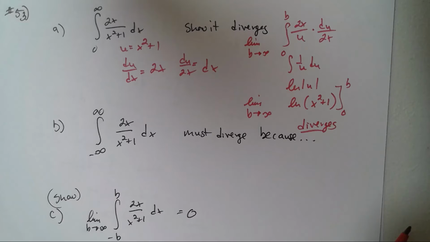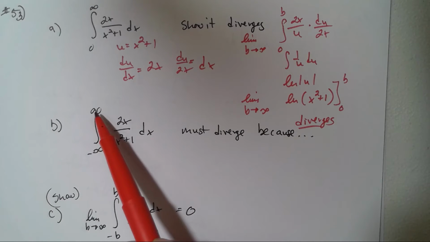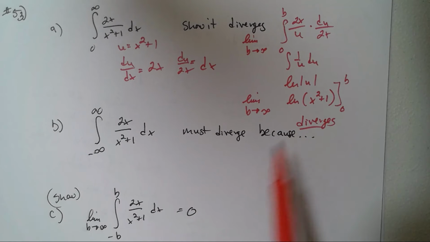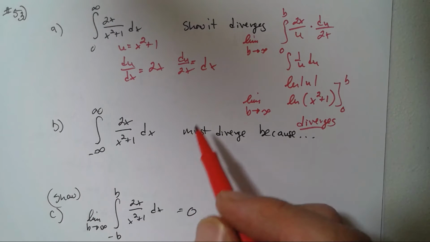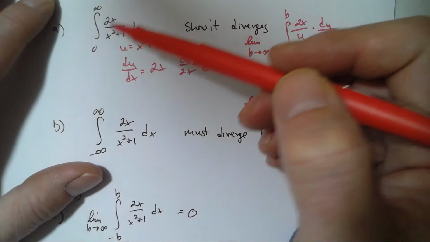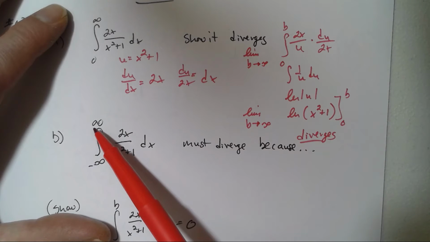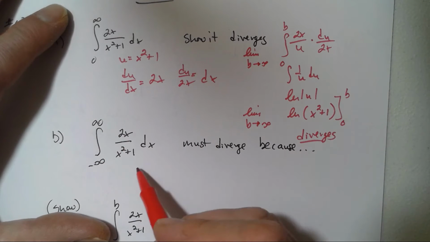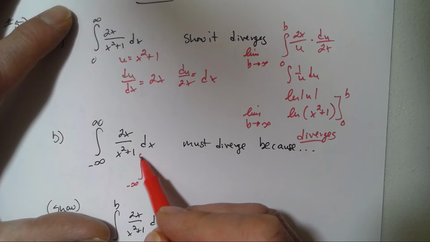Part B. Well, then the integral from negative infinity to infinity must diverge because, well, if the right half of it from 0 to infinity diverges, then the entire negative infinity to infinity must diverge, because both halves of the integral have to converge.